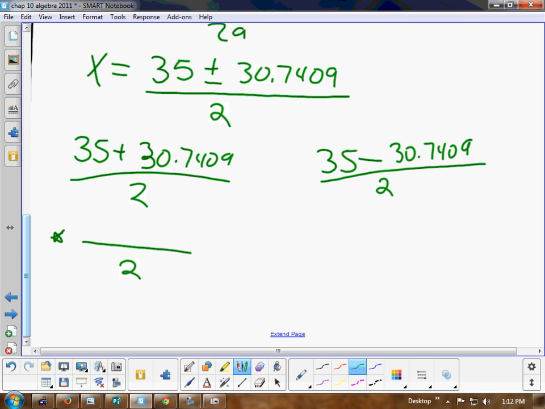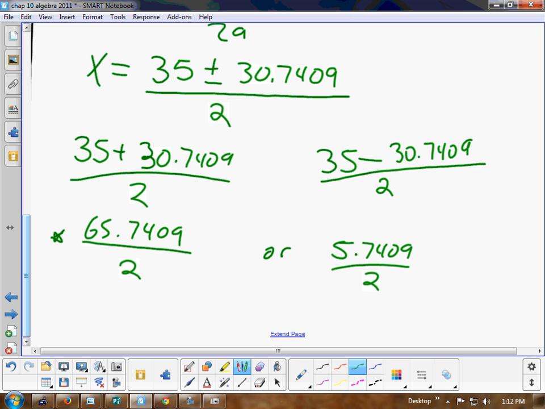What's the top half going to be? Well, 65.7409, right? Over 2. And then over here is going to be what? Actually, is it? Yeah, 5.7409 over 2, right? Hold on. Now divide by 2, and then round after that.